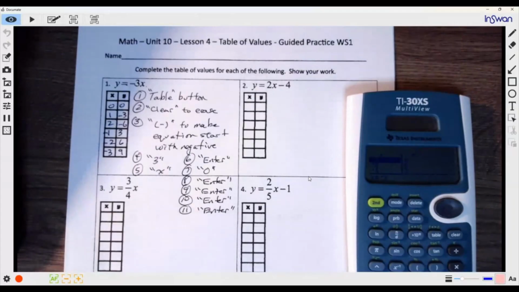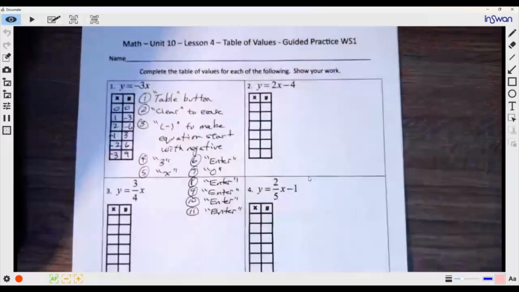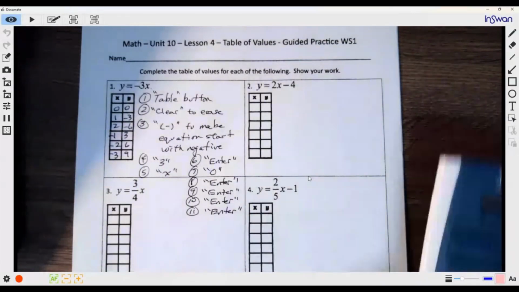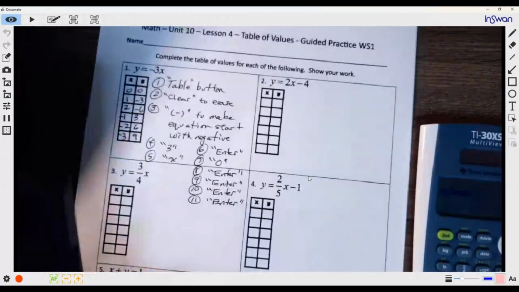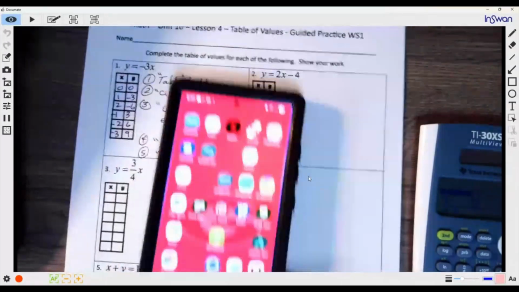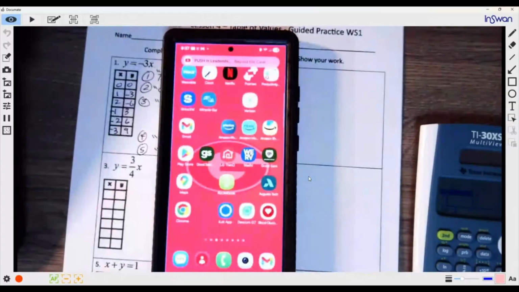Now, if you do not have a calculator, there are a couple of things that you can do. First of all, go get one of these calculators tomorrow. But in the meantime, if you have an Android phone, only an Android phone, Android only.